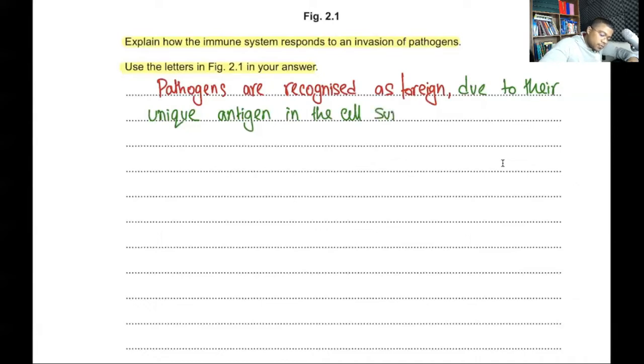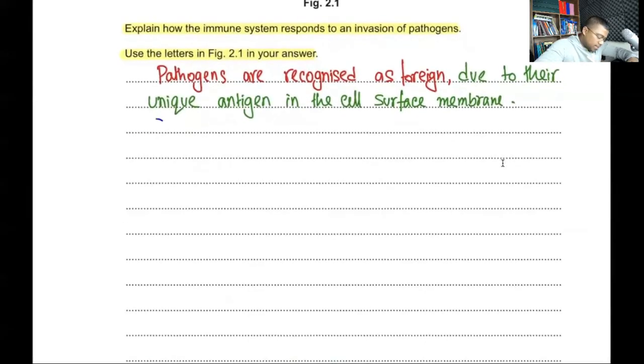In the diagram, S and R are white blood cells.